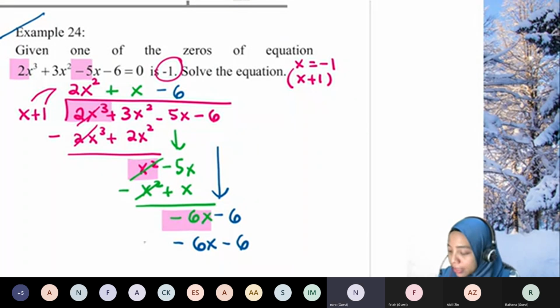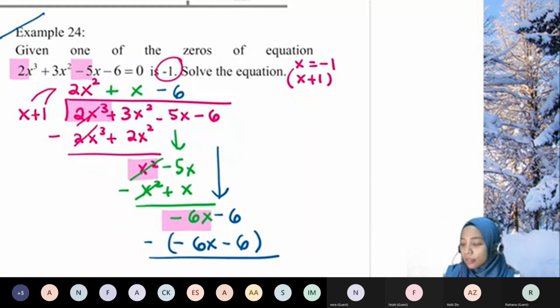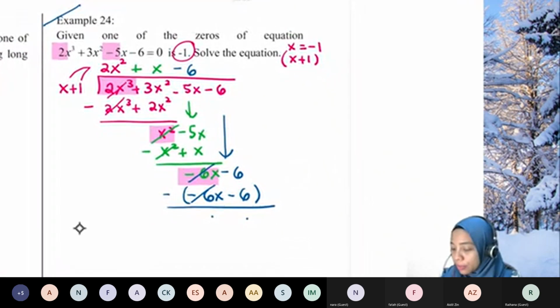Negative 6. So remember dekat sini adalah negatif. Okay, so sekarang negatif, positif. Itu yang jadi negative 6 plus 6 dapat 0. Betul tak? Okay, lagi sekali negatif, positif. So negative 6 plus 6, you dapat 0. So your answer would be x plus 1, 2x square plus x minus 6.